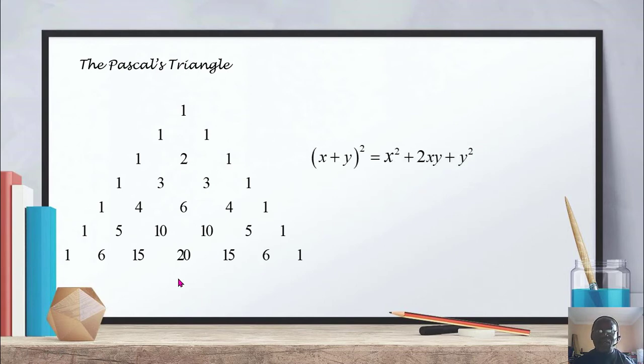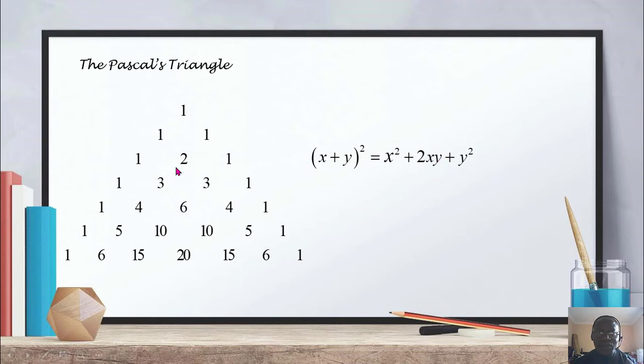So now, how do we use this Pascal's triangle to expand binomial expressions? Here's an example. X plus 1 in brackets raised to the power 2. We discussed earlier that it's equal to x squared plus 2xy plus y squared. So how does this relate to the Pascal's triangle? Notice I've written it in this row.